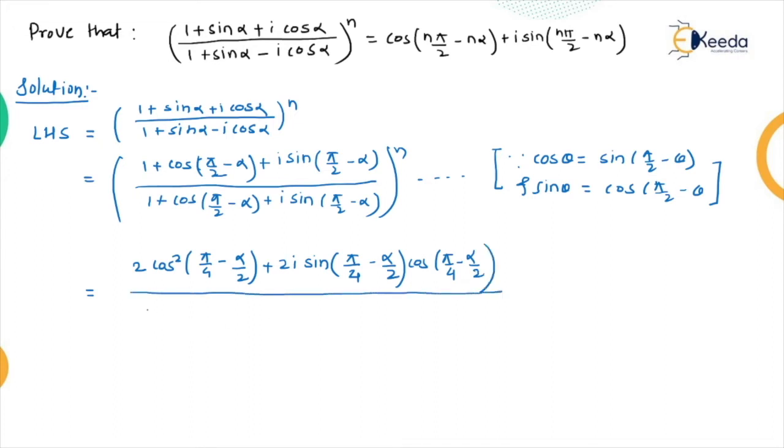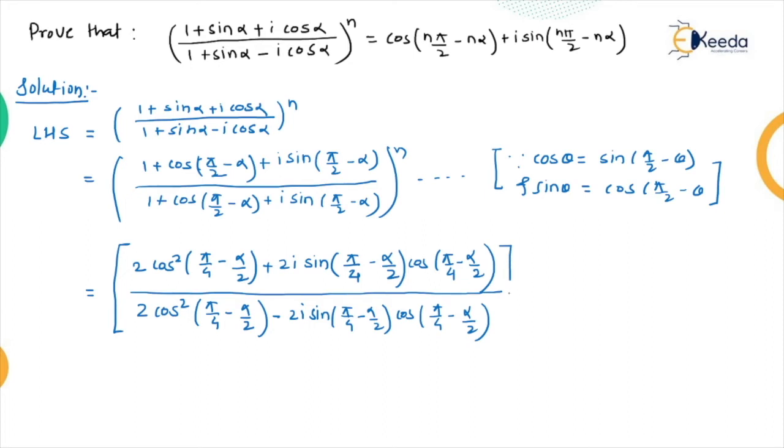Divided by, in the denominator we do the same process, so this becomes 2 cos squared of (π/4 − alpha/2) minus 2i sin of (π/4 − alpha/2) times cos of (π/4 − alpha/2), and the whole bracket raised to the power n.